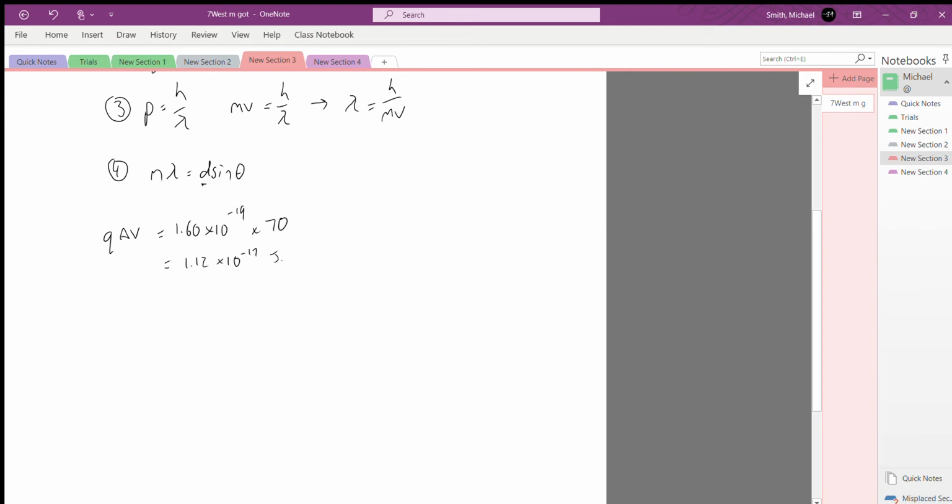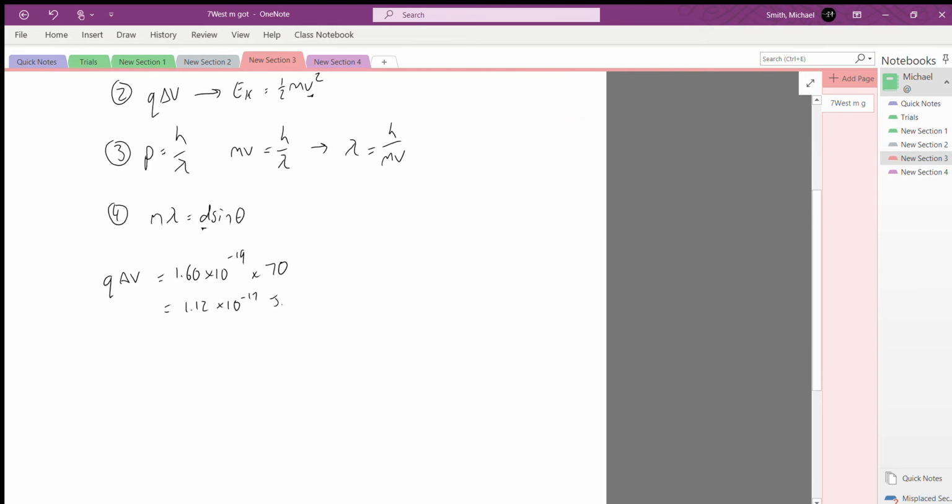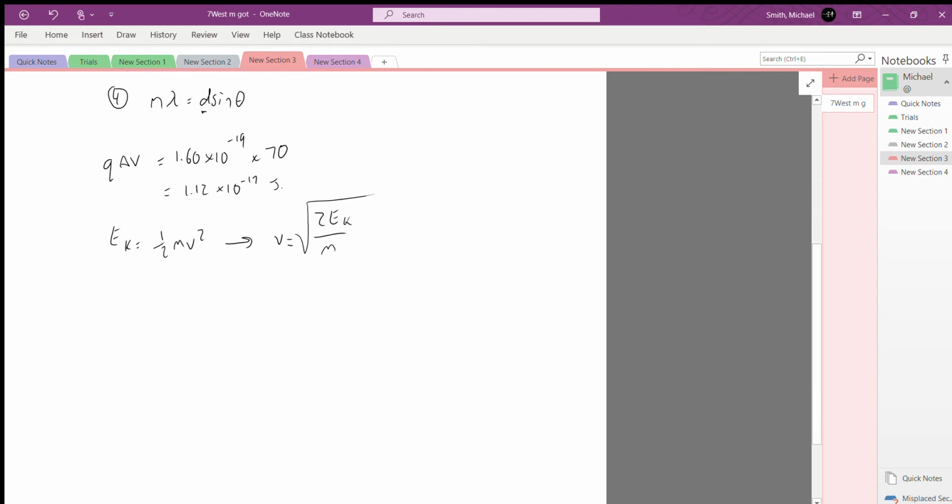Next, we are equating this to our expression for kinetic energy and rearranging for v. So here we have EK equals half mv squared, which we rearrange so that v equals 2 times the kinetic energy divided by m, all square rooted. Now we can substitute our values.